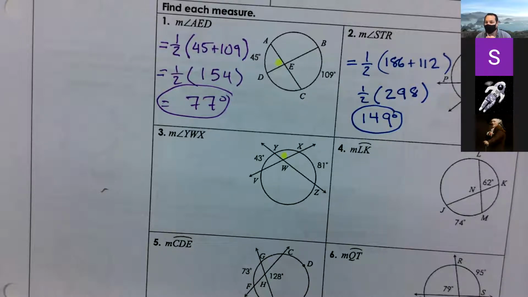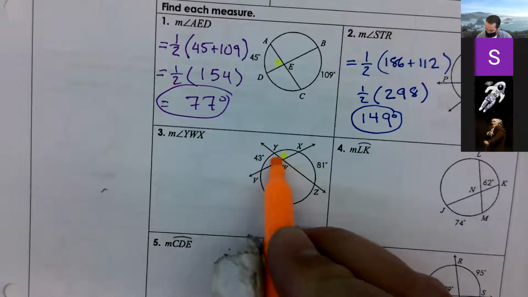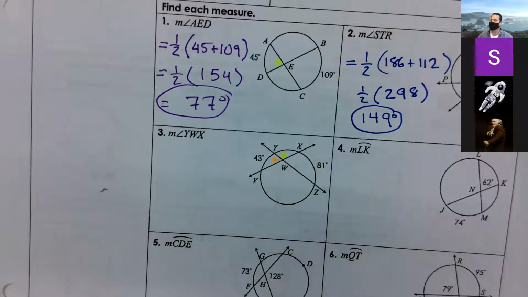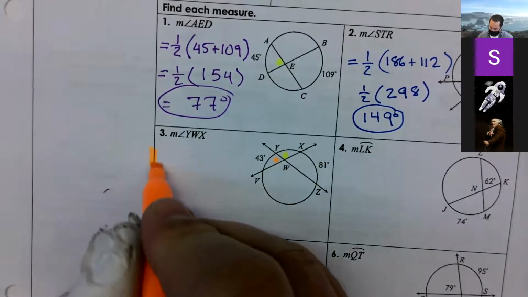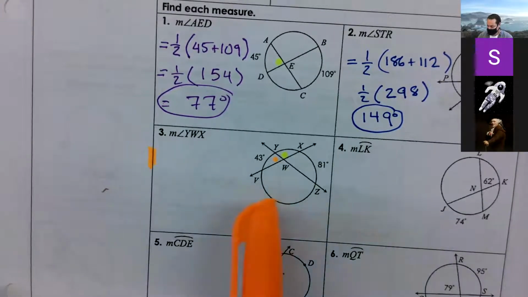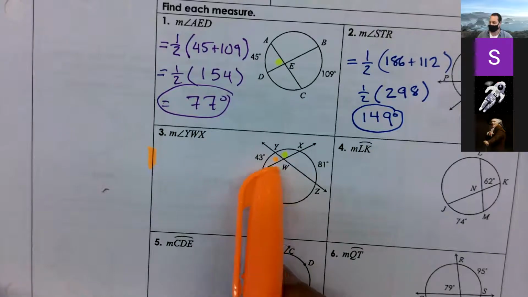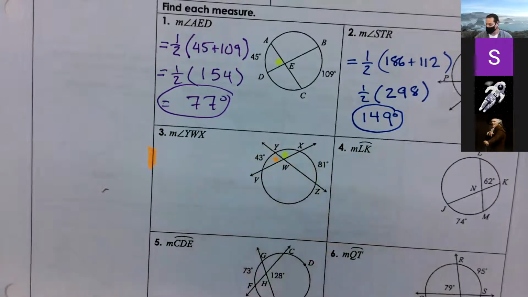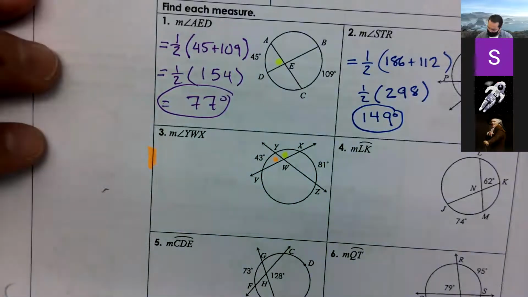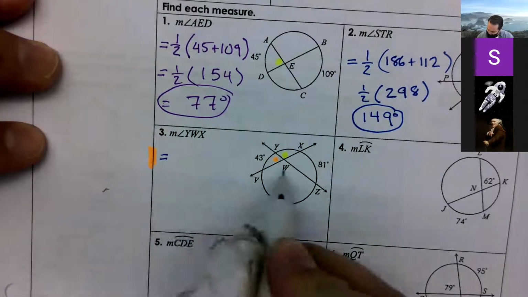Hillary? Very good. If we find this orange one first, because we've got the two arcs we need, we can see that the orange and the yellow form a linear pair. So I'm going to find the orange one first.